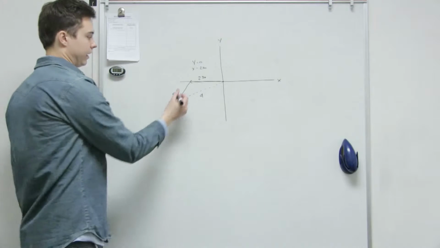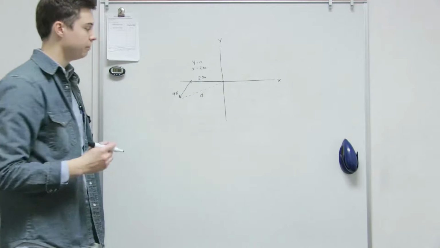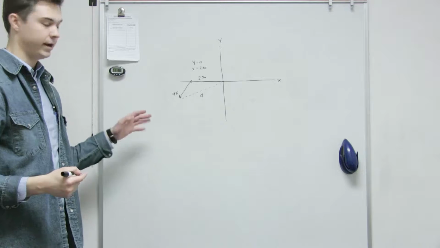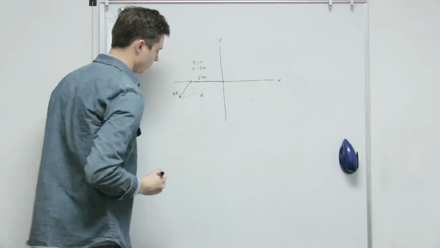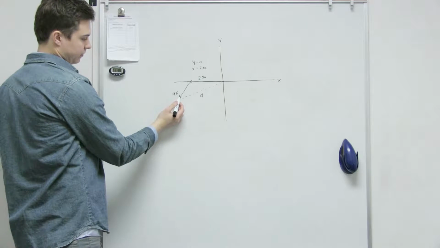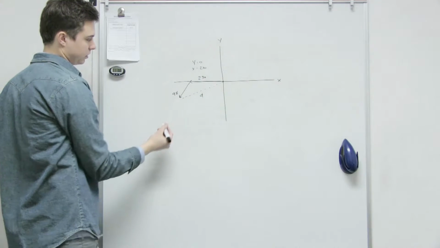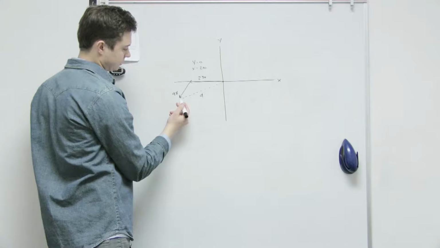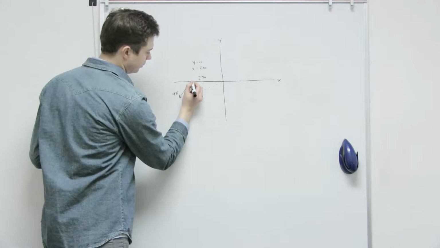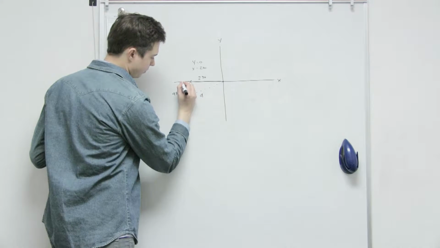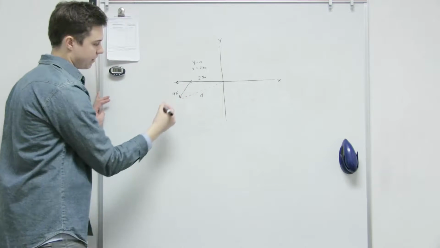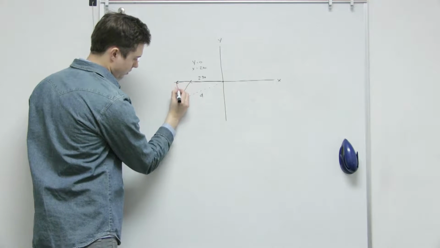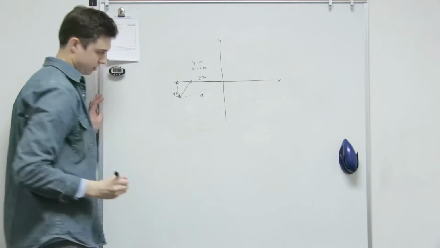This guy, however, is on an angle, so it would be helpful to break it into its components. If we look just at this 98 kilometer vector, right now it's on a slant, but it's really just made of an x component that goes that far left and a y component that goes that far down.